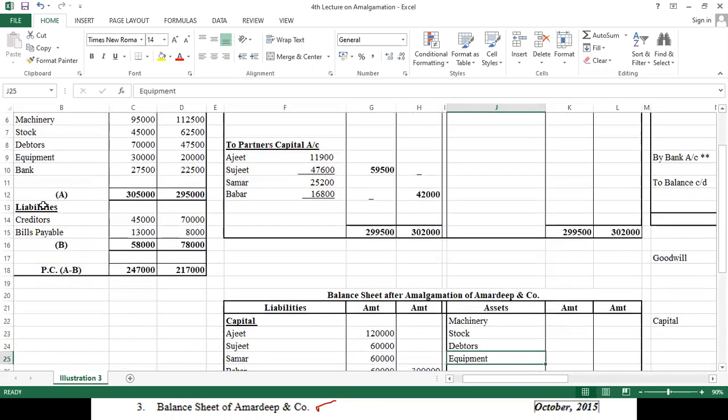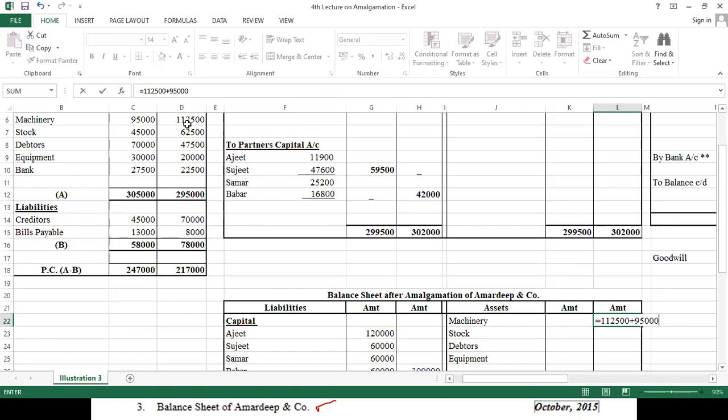Okay, यहाँ पे हमको पता लगा. So total of machine is how much बेटा? 95,000 plus 1,12,500. कितना हुआ? 500 plus 95,000. It comes to 2,07,500. Then 45,000 and 62,500. So this will be 1,07,500.